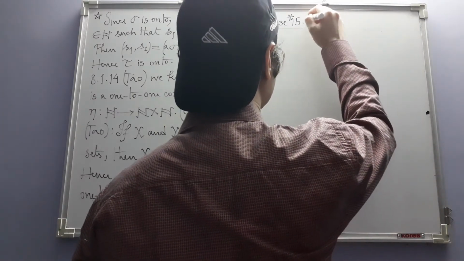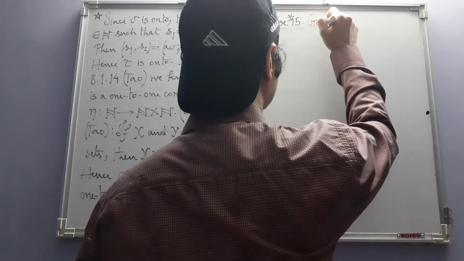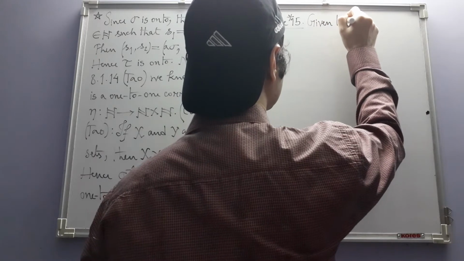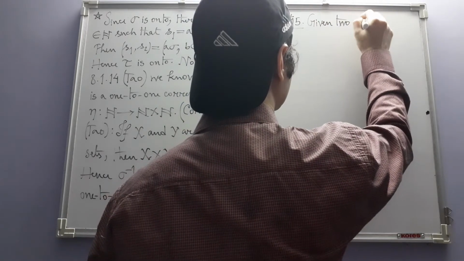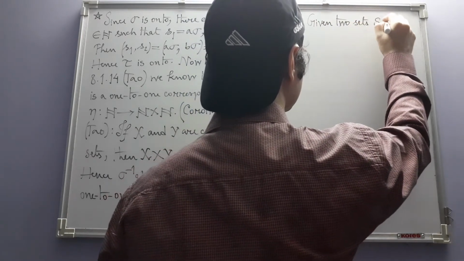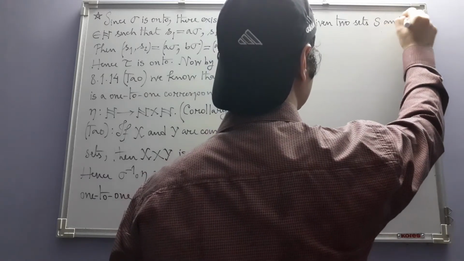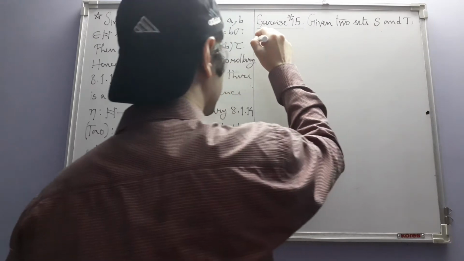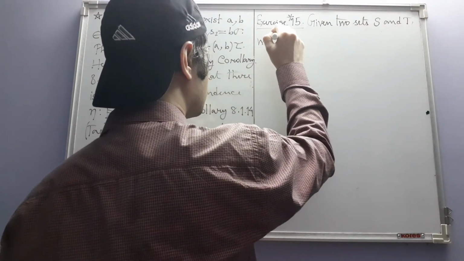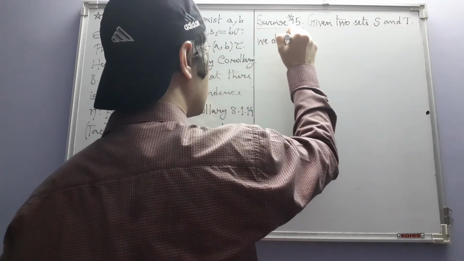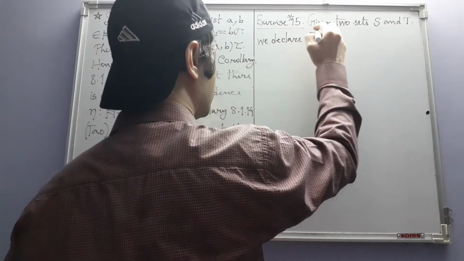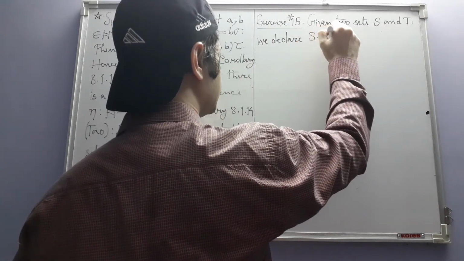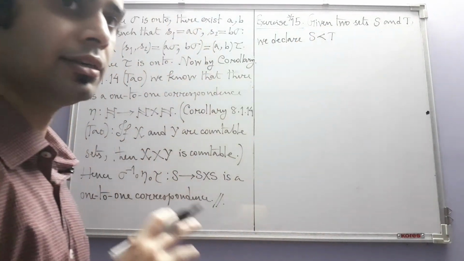Anyway, given 2 sets S and T, we declare S less than T. This is just a symbol, we are defining something.